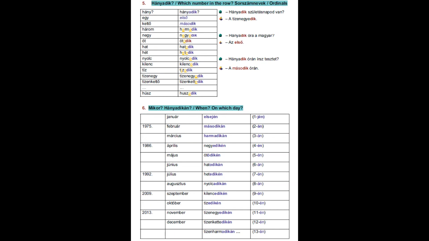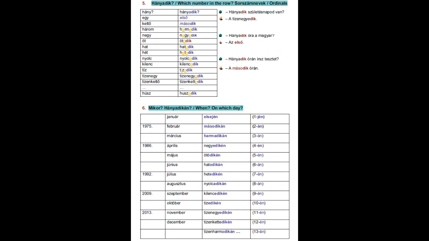June 6th, on June 6th. 1992-e, július 7-én. It's 7-én because hetedik means 7th. 7-én is on the 7th.